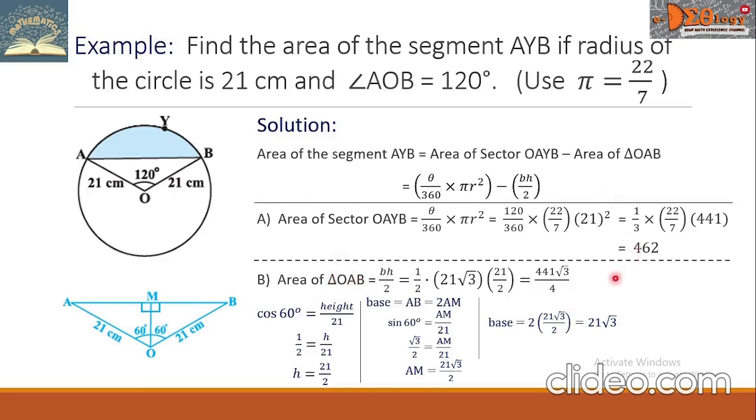We can now use this to get the area of the segment. Substituting the corresponding values, we have now 462 minus 441 square root of 3 over 4. We can use our calculator and the area is approximately 271.04 square centimeter. This is the answer.